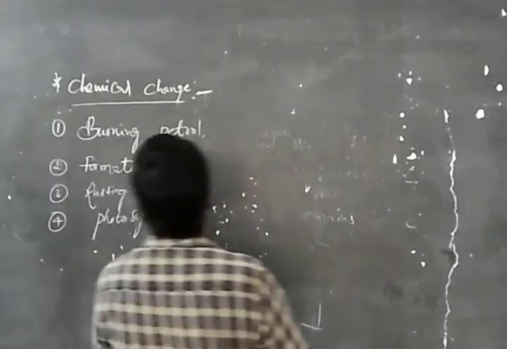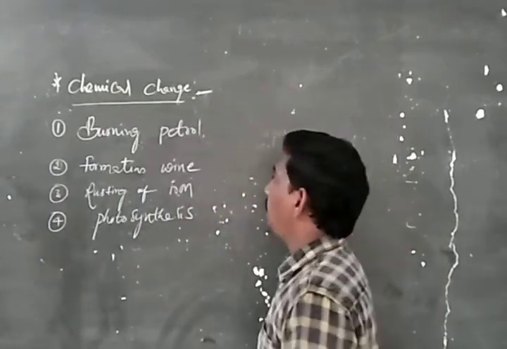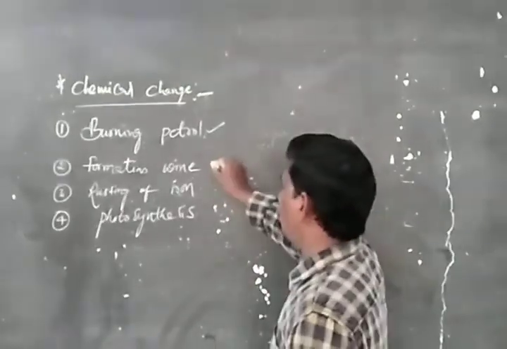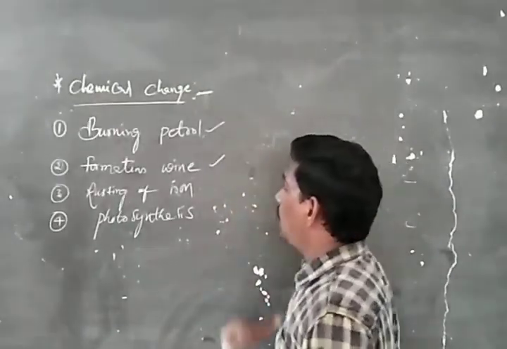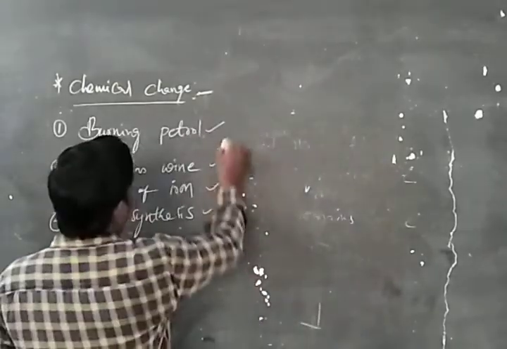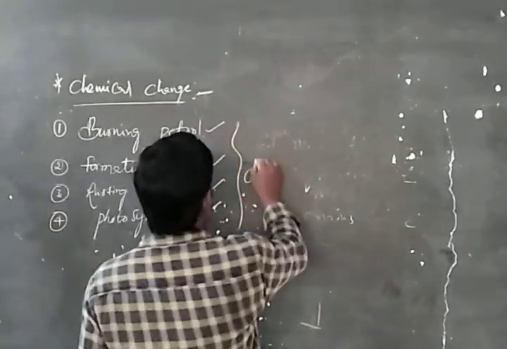So we have chemical changes like burning of petrol, formation of wine, and that means alcohol, rusting of iron, and photosynthesis. So all these are chemical changes.